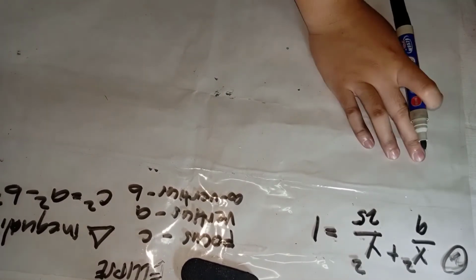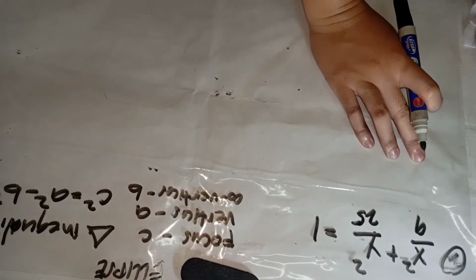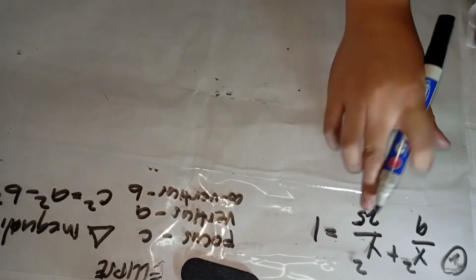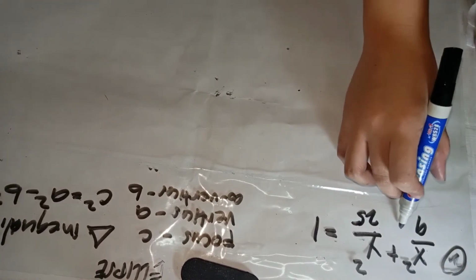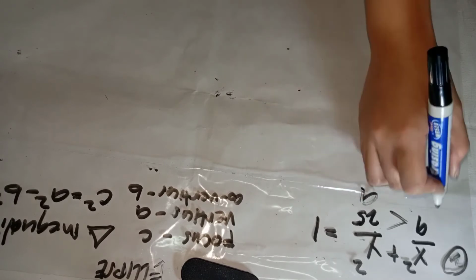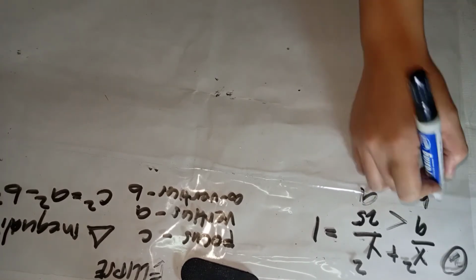Okay, from the given, ano yung mas malaki? This one or this one? So, the 25. So, 9 is less than 25. Therefore, 25 is our A. And then, our 9 is our B.